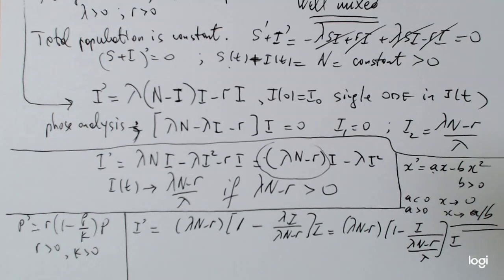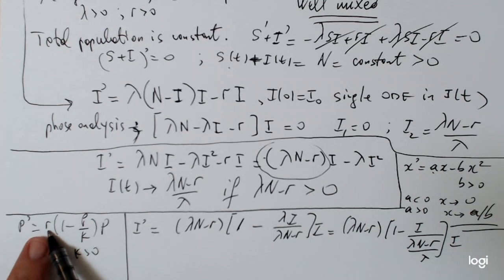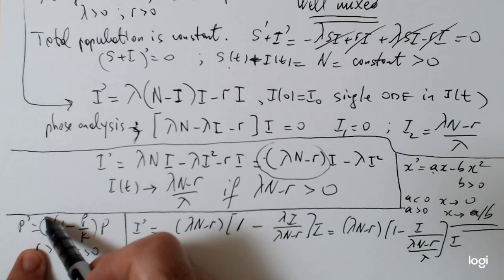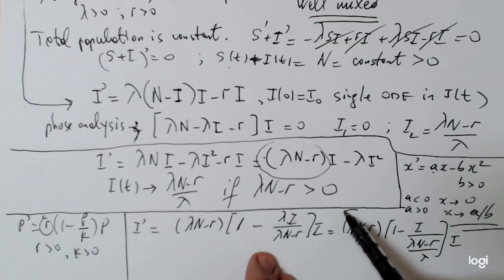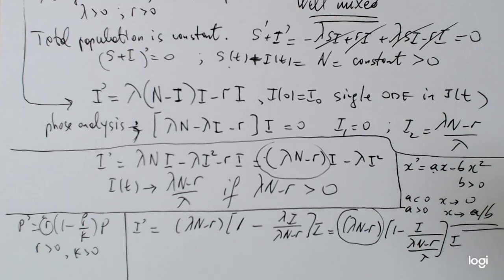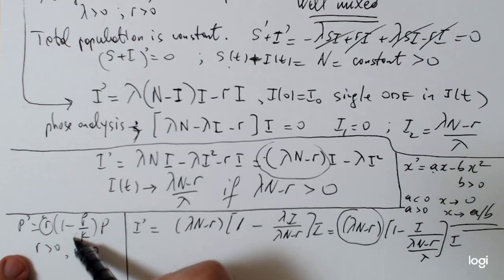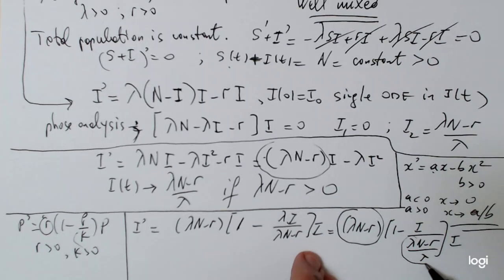Right? So I just want to emphasize that in the standard equation that we studied before, the role of little r is now replaced by lambda n minus r. And the role of the carrying capacity is replaced by lambda n minus r over lambda.